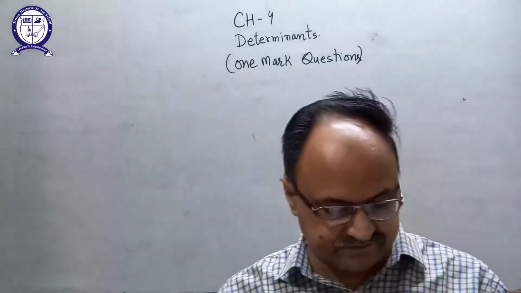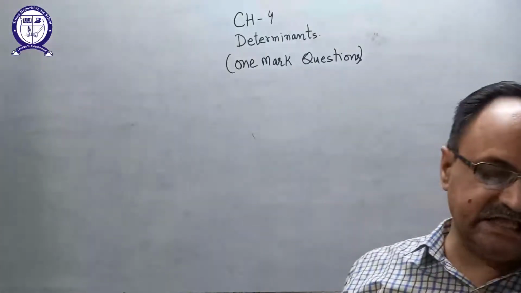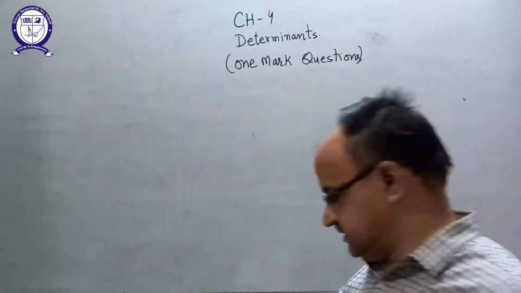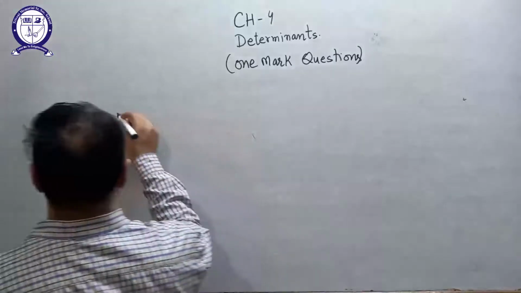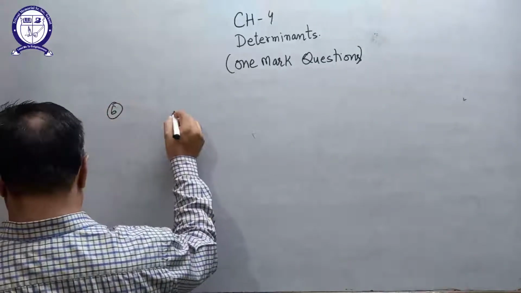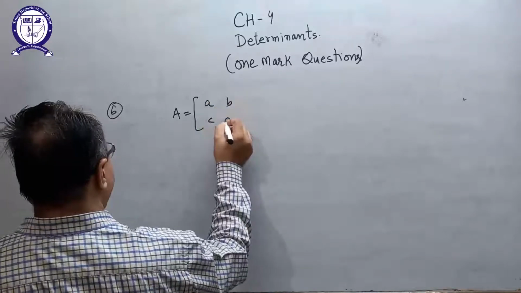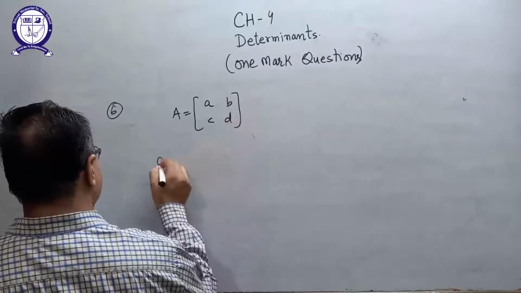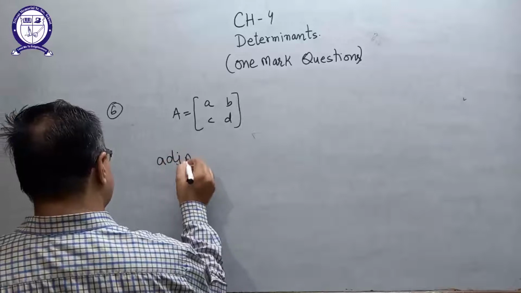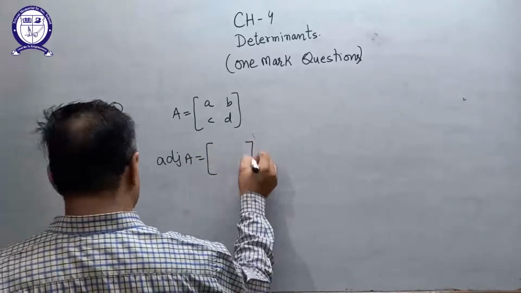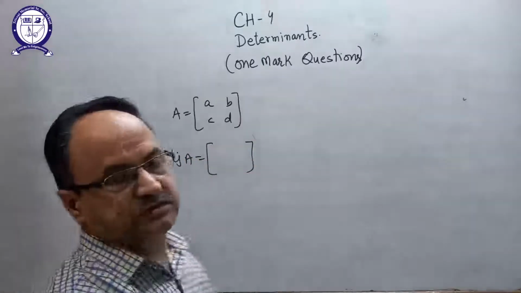Question number 6. Write the adjoint of the matrix. Matrix is given [A B; C D]. This is a 1 mark question, very important.